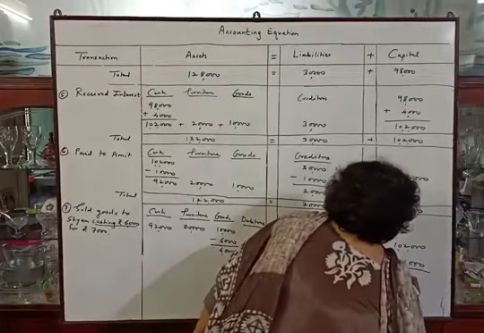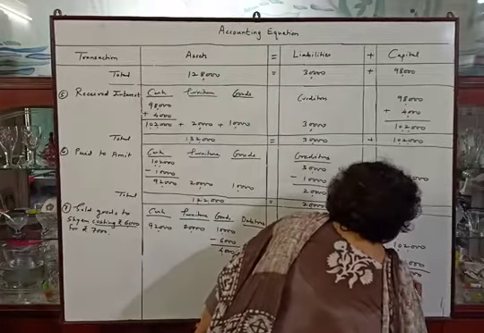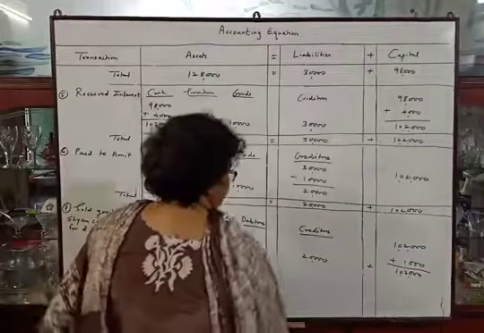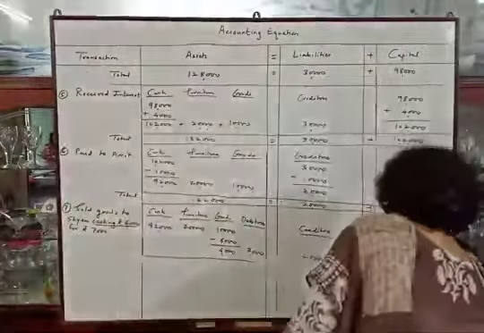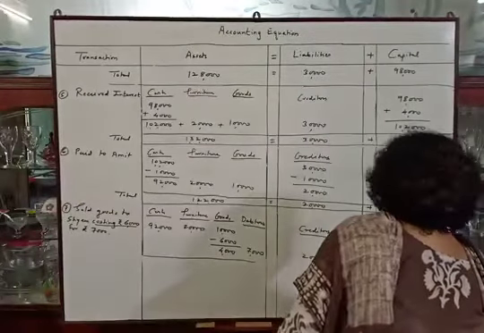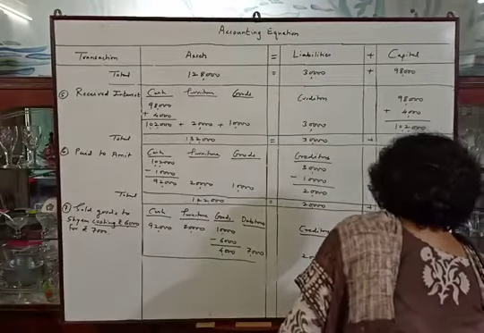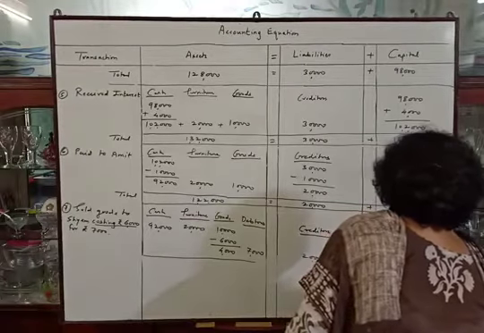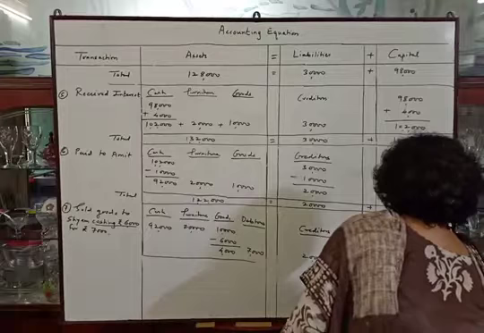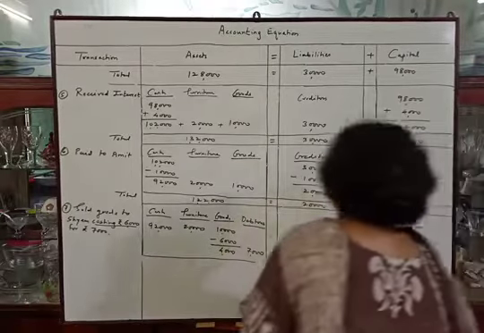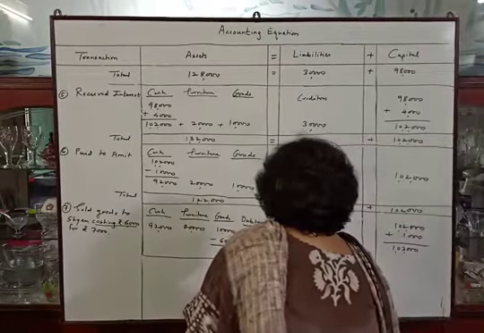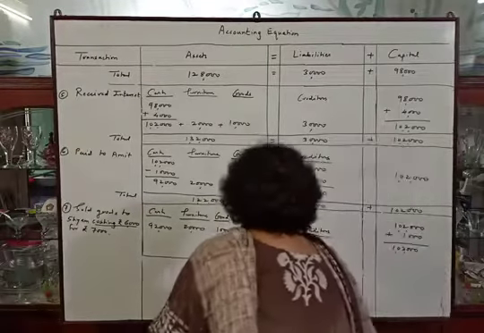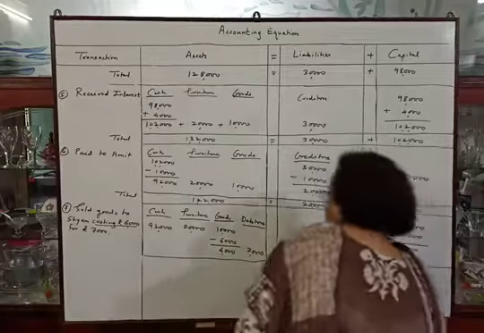So capital will be rupees 1,03,000. Okay. Now let's study here. Plus 1,000, so it will be 1,03,000. I am making an adjustment for some space. 1,03,000.